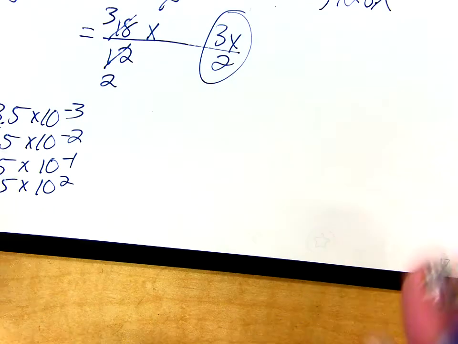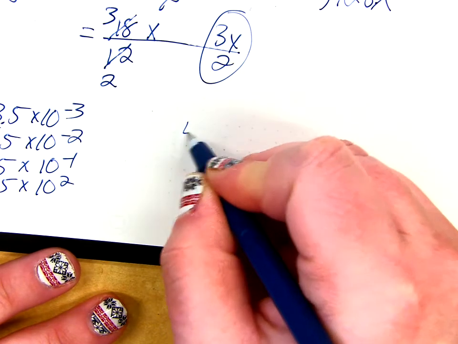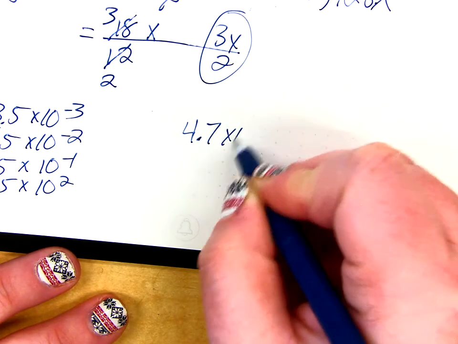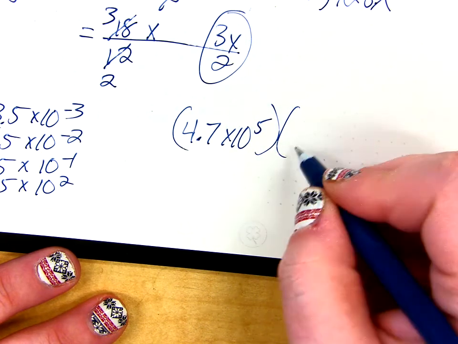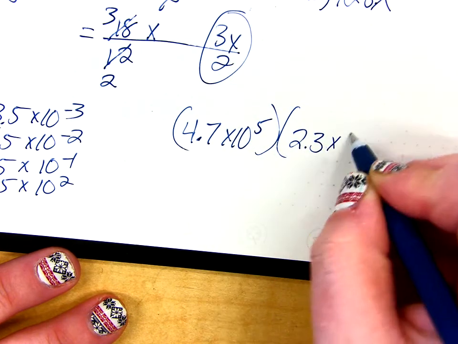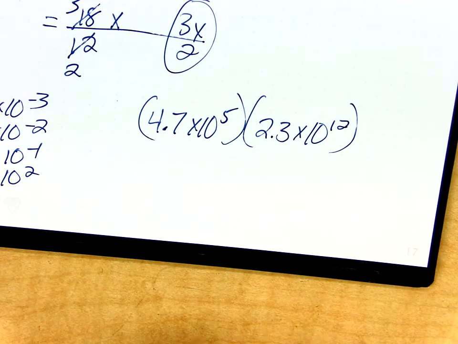So let's try one. Say I asked you to do something like 4.7 times 10 to the 5th, and you were going to multiply that by 2.3 times 10 to the 12th. I forget what calculator you're allowed.